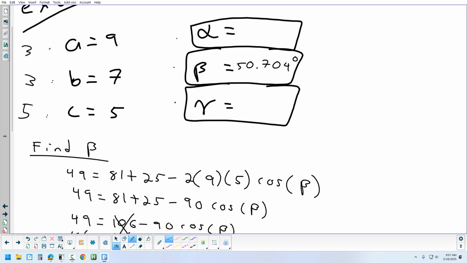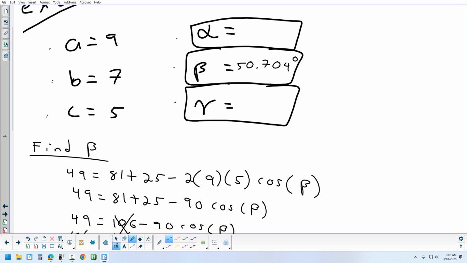Well, if you have two sides that are the same, then you automatically have two angles that are the same. So then you could figure out another angle, because it's isosceles, and then you could add them up and subtract from 180. But since this is scalene, we do need to do law of cosines one more time to get either alpha or gamma. So which one do we want to do last?